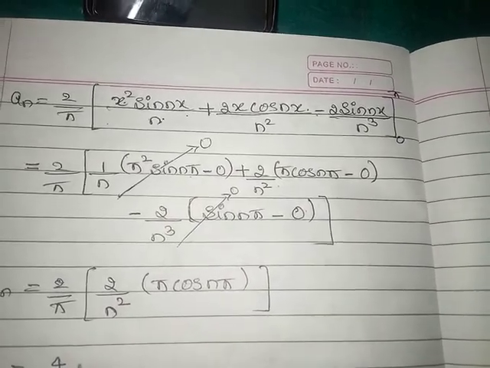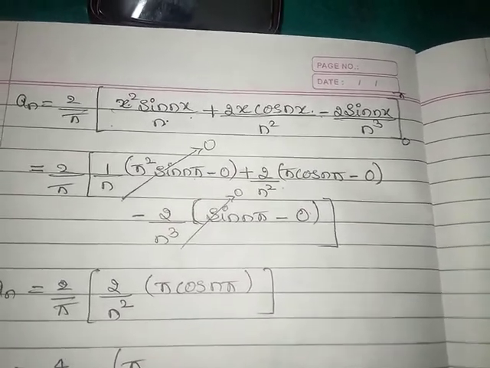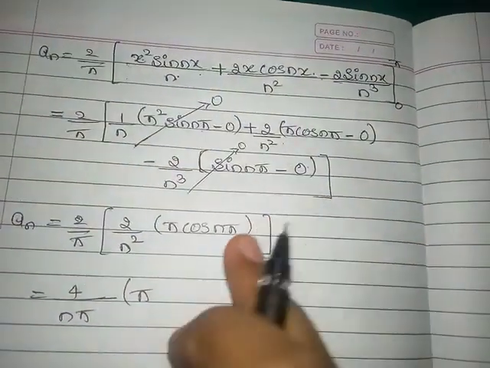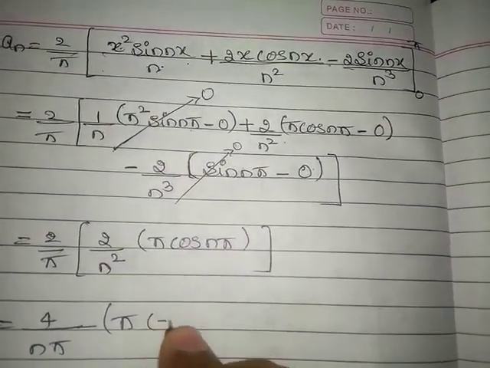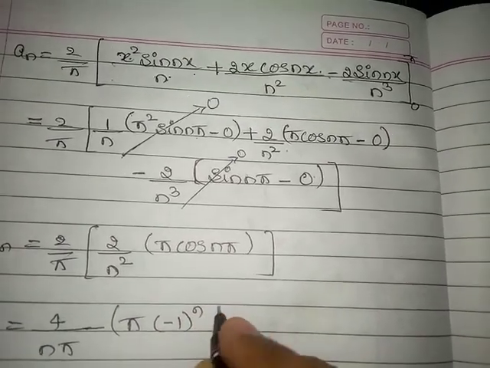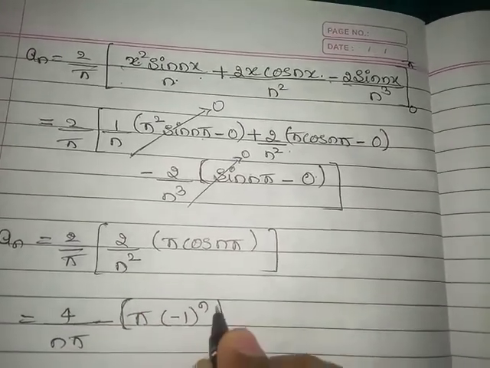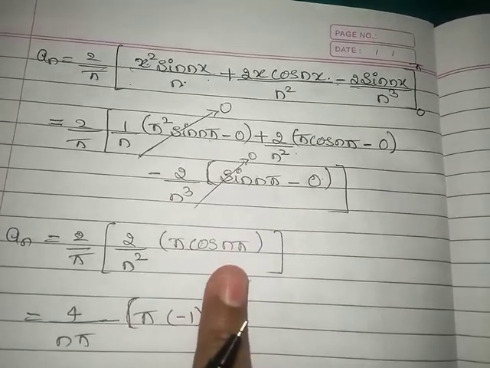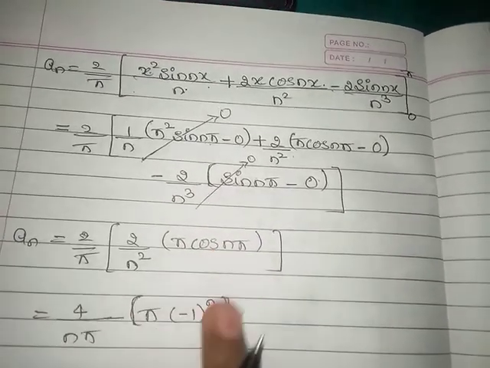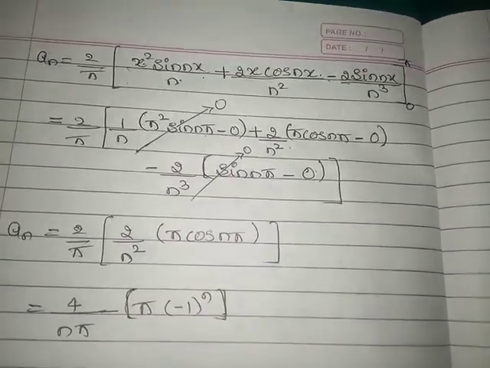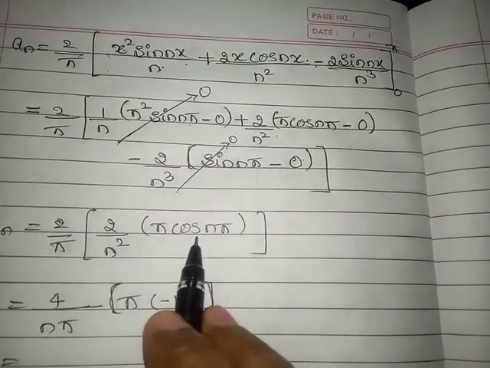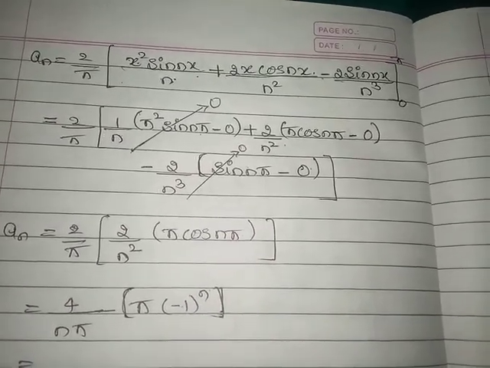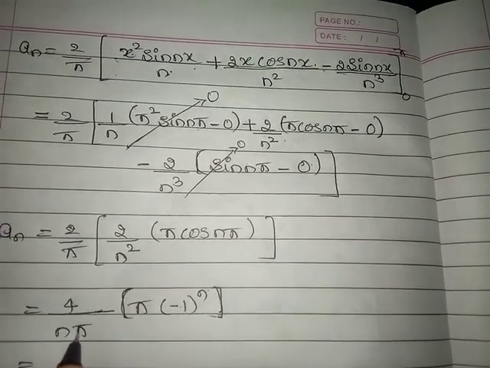This is pi into, we know that cos pi value is minus 1, for n times it is minus 1 raised to n. Cos n pi value is minus 1 raised to n.